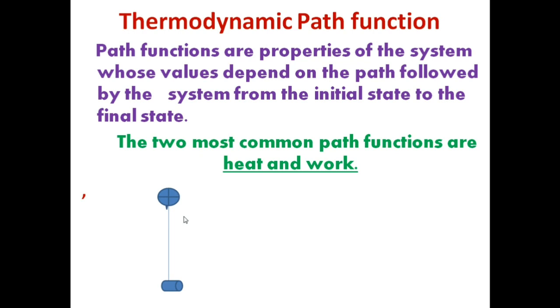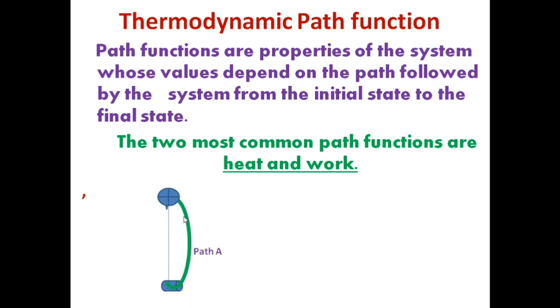So path functions are thermodynamic functions which depend upon the path followed by the system. Two most common examples of path functions are heat and work. Heat and work are path functions.